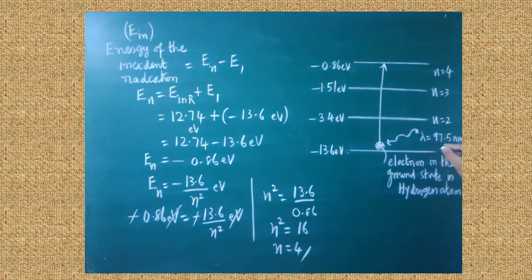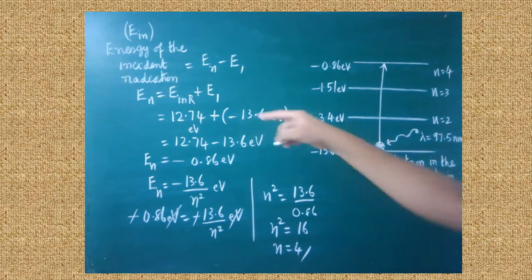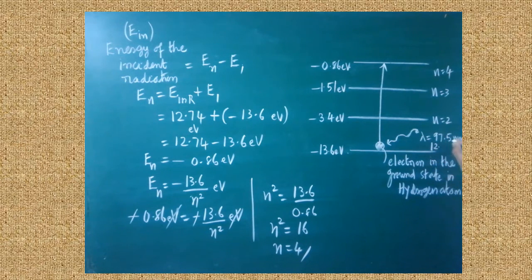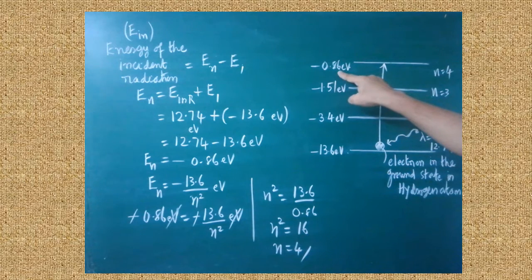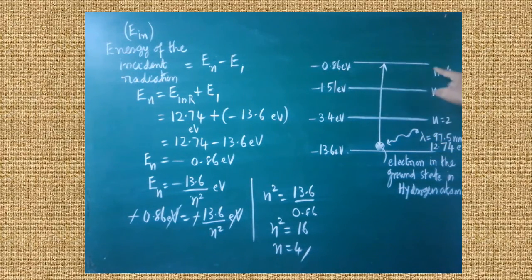So the energy of the incident radiation is 12.74 electron volt. If you give that much energy, it will be raised up to this level. Finally it reaches the energy state whose energy value is minus 0.86 electron volt, which is equivalent to the energy of the fourth state, the third excited state.